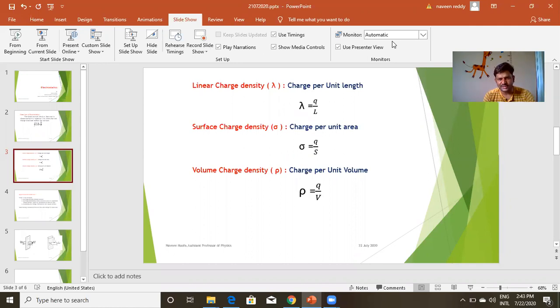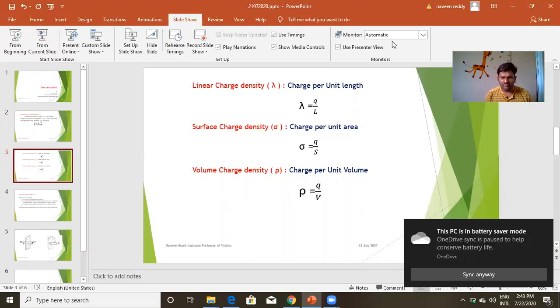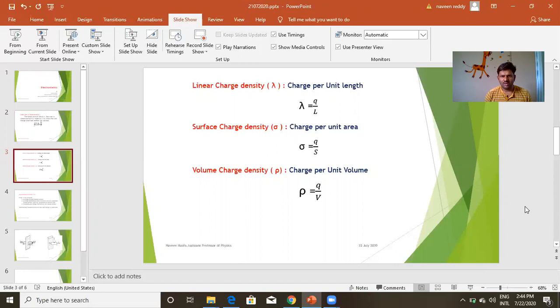There are 3 possibilities: charge is distributed over a length of wire, or charge is distributed over a plane, or charge is distributed over a volume. That is, these 3 are the possible cases: linear, area, as well as volume. So we have 3 variables. We need to know them.